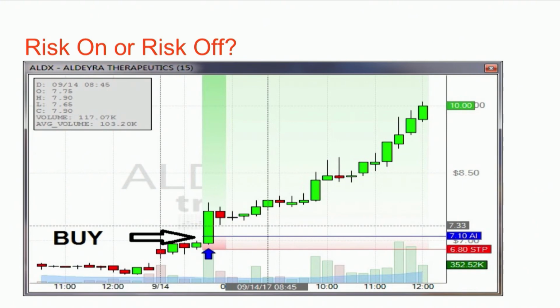Exiting with Holly would have been a nice small profit on risk off, but risk on means, what happens if we keep Holly's entry idea open for the entire rest of the day? Well, if a particular chart is breaking out and there's no resistance on it and it's a broad-based rally, there might not be a great reason to actually exit at the same time the AI does. So it's a gray box in that respect.